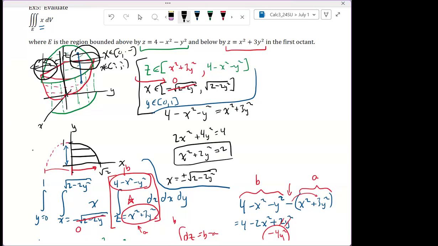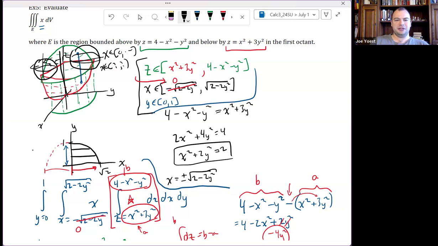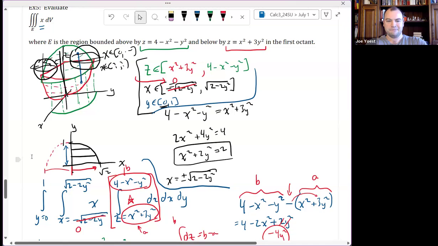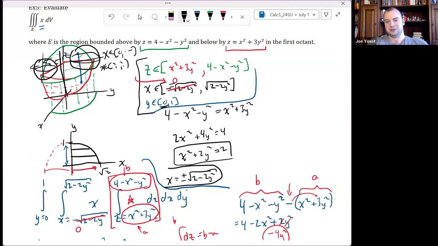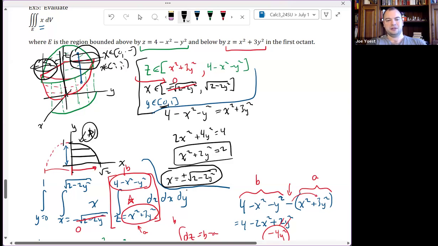Yeah, so it is problem dependent, but for a lot of these things that have a lot of radial symmetry like this, it's going to be a common thing where you see your lower bounds starting at 0. And I was just being a little bit too reliant on the algebra when I did my solution. It was just like, oh, there's my bounds for x, instead of checking back in with the geometry and making sure I got everything just right.